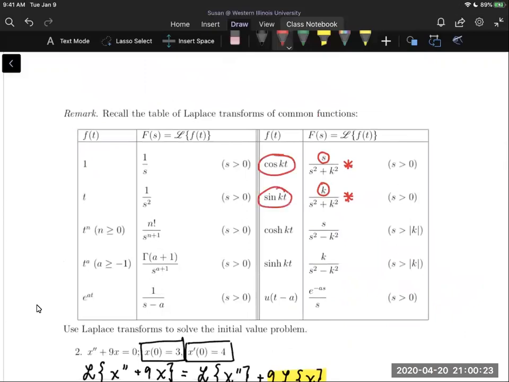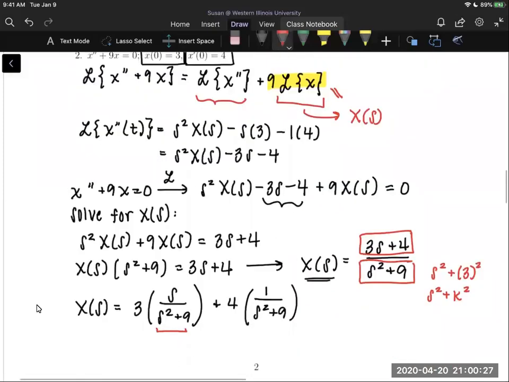For the other piece, we need our constant k on top. Our k in this case is 3, so I'm just going to rig it up by multiplying by a 3 over 3, and then I want to capture this with the 3 on top with the s squared plus 9 on bottom.